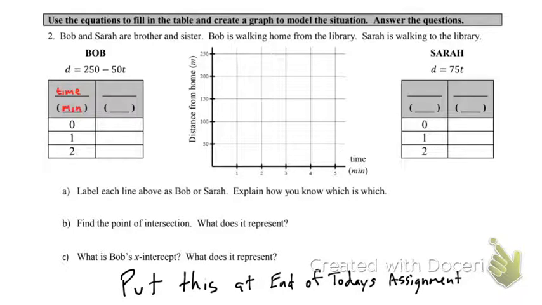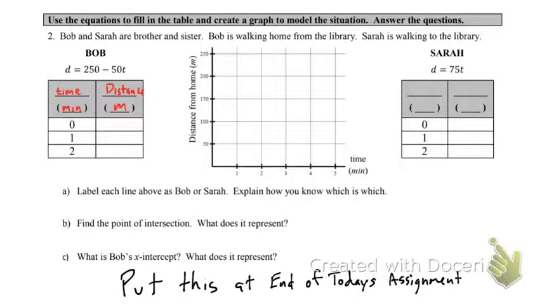And then my dependent variable is D, distance. D stands for distance, which is the y-axis here. And we are doing it in meters.